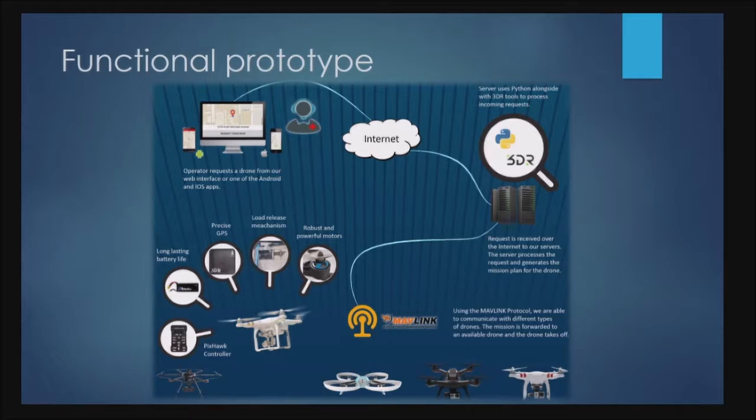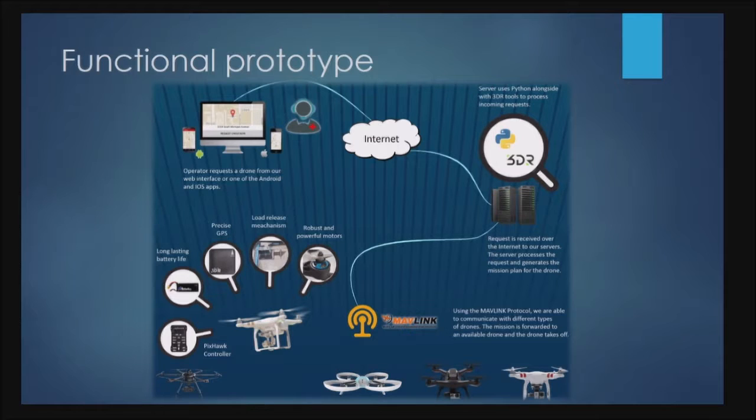So you have the mobile app, which is an Android app developed by the team, and the app will be sending the location of where you want the drone to go. You have a map in the app where you tap a location, and this specific location is received by the server, which runs on Python.